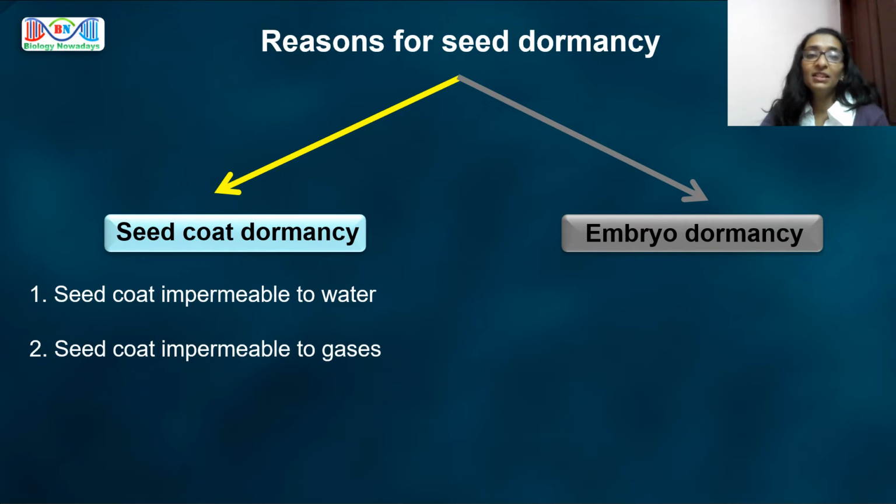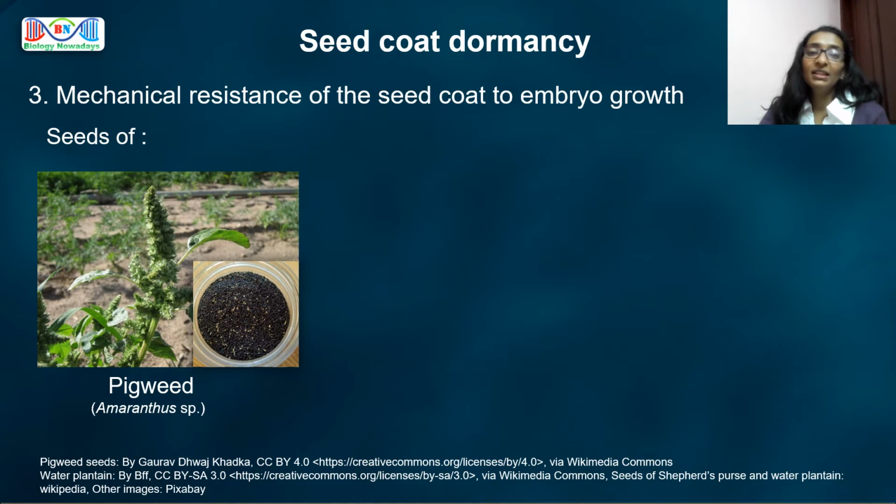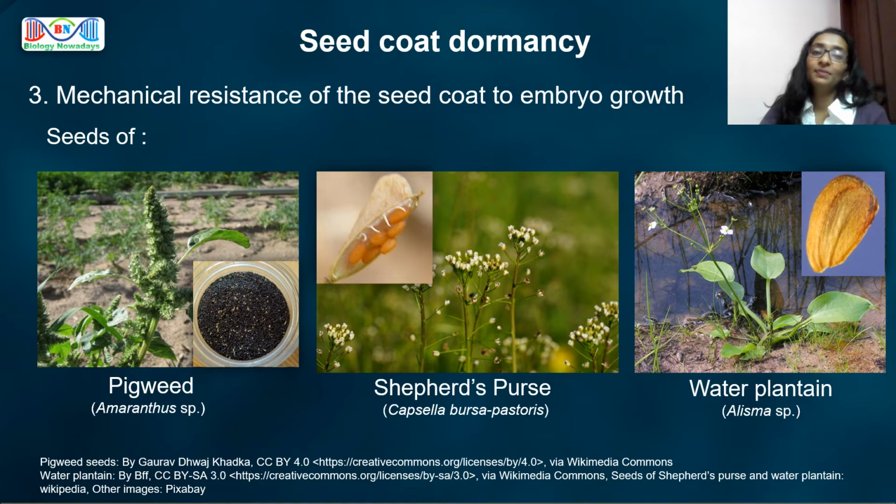Another reason for seed coat dormancy could be the mechanical resistance of the seed coat to embryo growth. This is found in the seeds of certain weeds like pigweed, shepherd's purse, water plantain, etc. The seed coats of these plants provide mechanical resistance to expansion and growth of the embryo, preventing the embryo from further development.